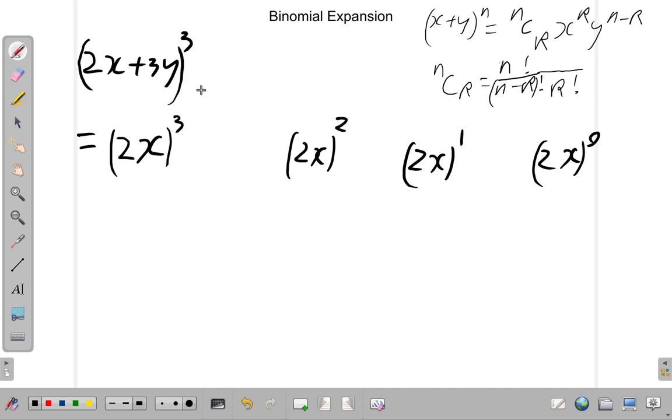Here, the next term is 3y, because we have 2x and then we have 3y. So we have 3y raised to the 0, then 3y raised to the 1, 3y raised to the 2, and 3y raised to the 3.